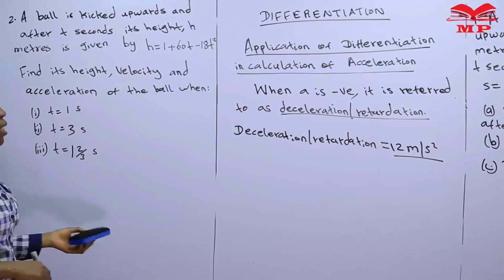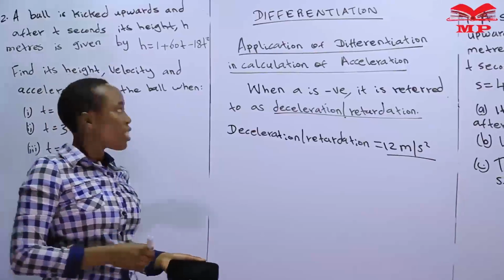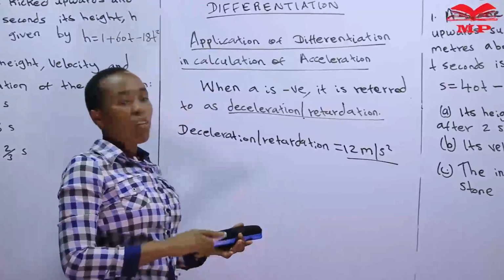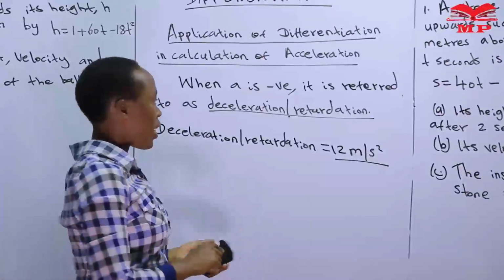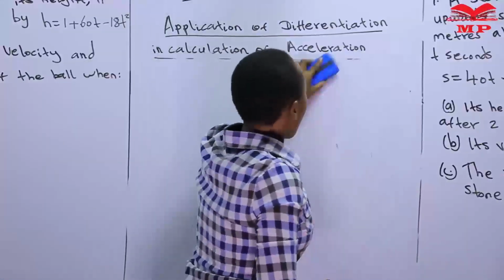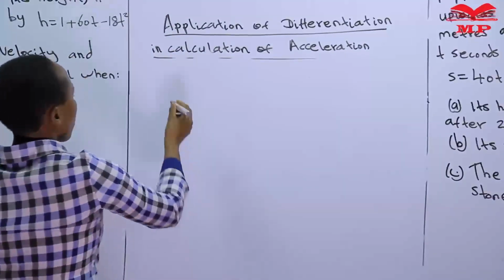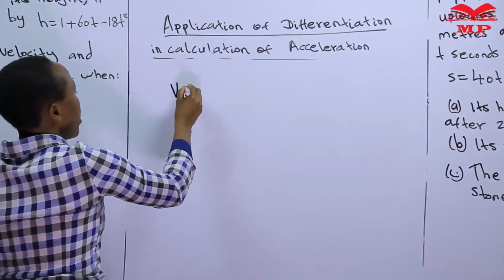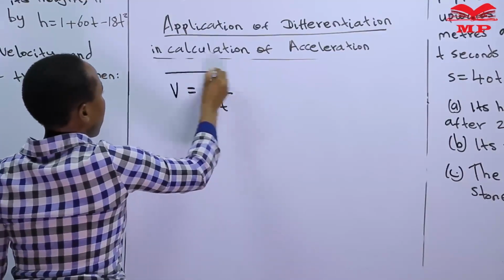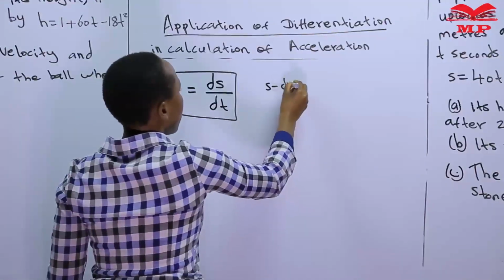And by so doing, you'll be summarizing the whole topic, that is application of differentiation in calculation of 1 displacement, 2 velocity, and 3 acceleration. So to summarize all this, that is the application of differentiation, you need to note very well that when you want to calculate velocity, it is simply ds all over dt, where s is the displacement.